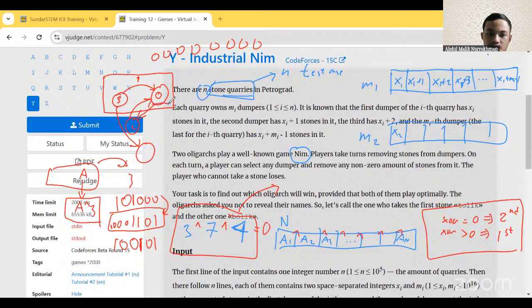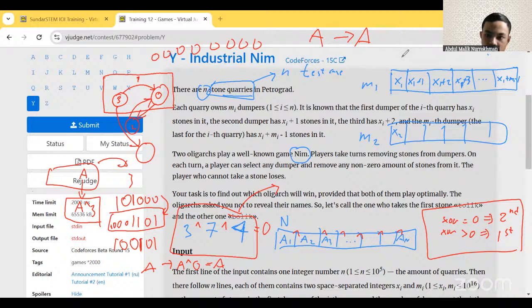And when the XOR is 0, we cannot make it 0 again, except by changing A into A XOR 0, and we know A XOR 0 is equal to A. We cannot change A into A since we have to take at least one. So that's why there is no way to go from 0 to 0. Yes, you got it.